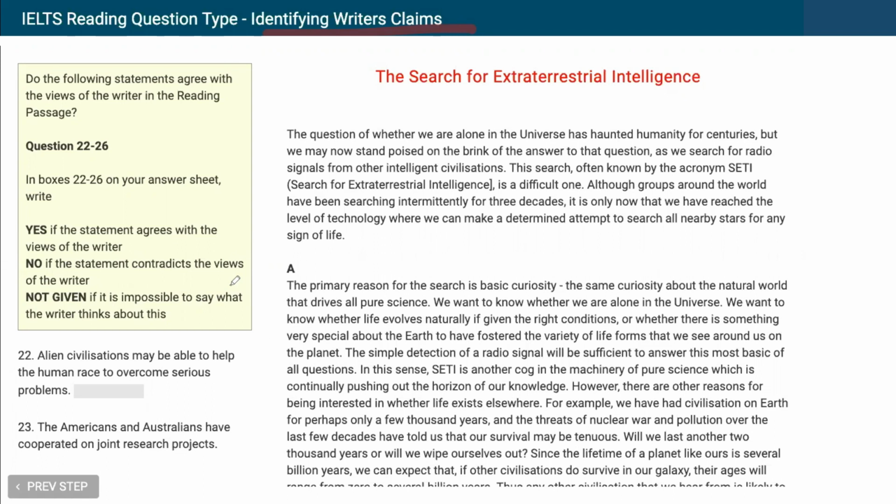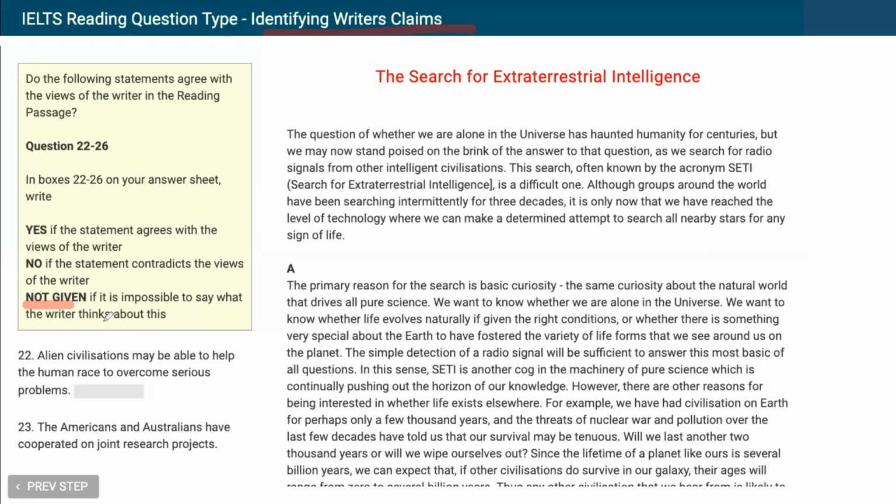All right, so the first thing to keep in mind is if you think about the identifying information question type, it's a bit similar because you have to answer true, false, and not given. In this case, we're looking at answers that are yes, no, and not given. So we still have this pesky not given that sometimes confuses us.